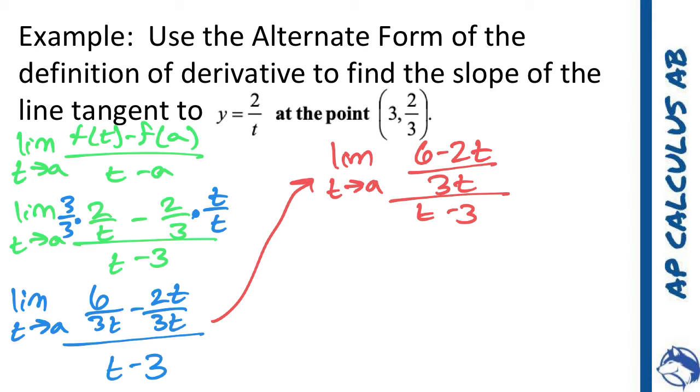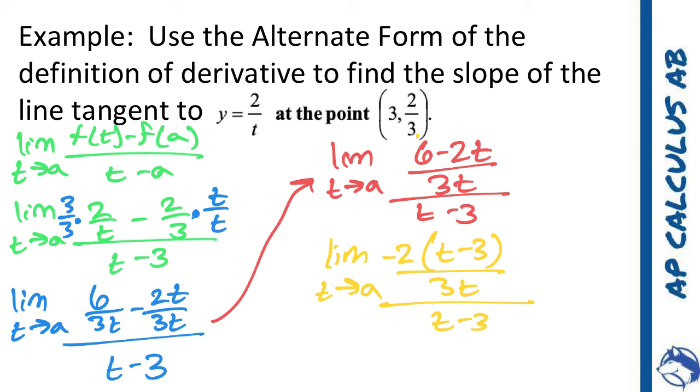I'm going to go ahead and factor out a negative 2. So it's the limit as t approaches a of negative 2 times t minus 3 up here over 3t, all of that over t minus 3.